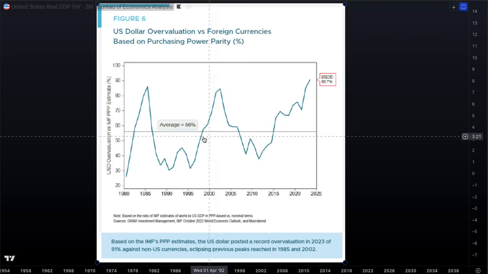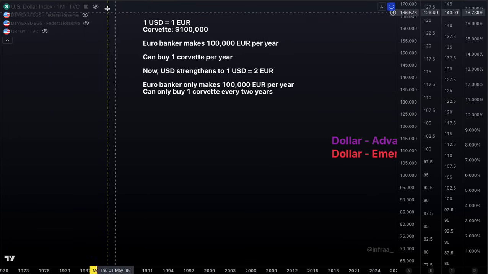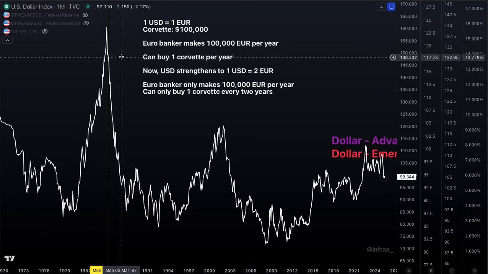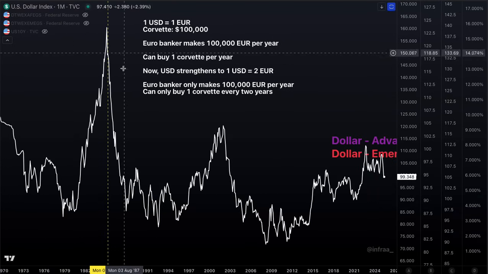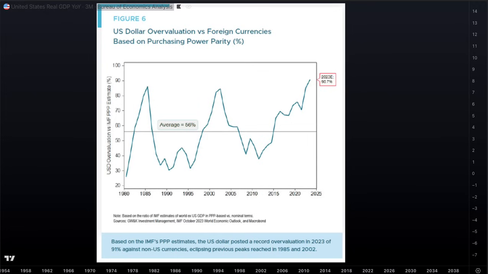And what we can see is that we mentioned the Plaza Accord, right? In the DXY chart, you will remember that the dollar was ripping higher, on a meteoric streak. And then it got too strong. Other currencies got too weak. And we needed the Plaza Accord here in 1985. Well, this shows that same rise, right? I think this is a moving average of the DXY because it's smoothed out.